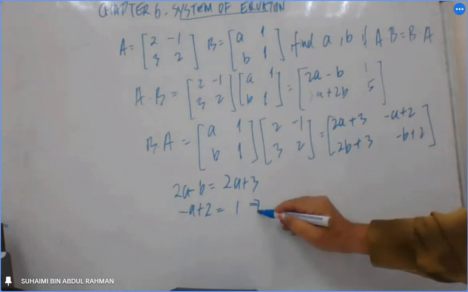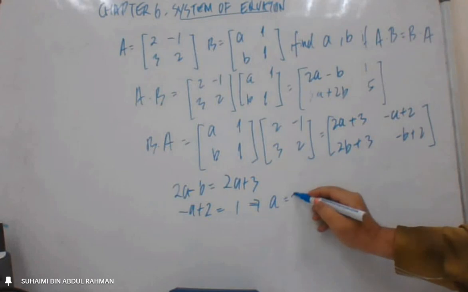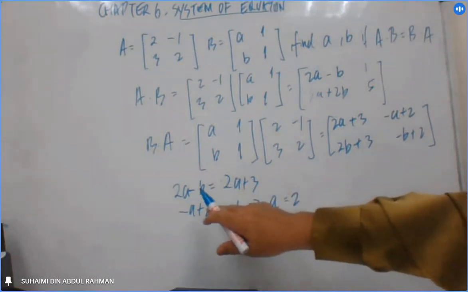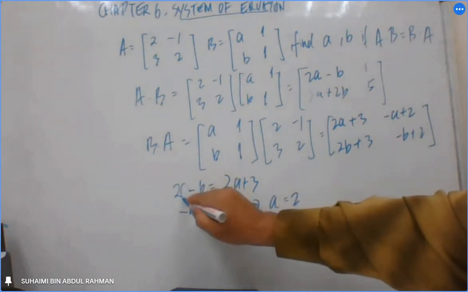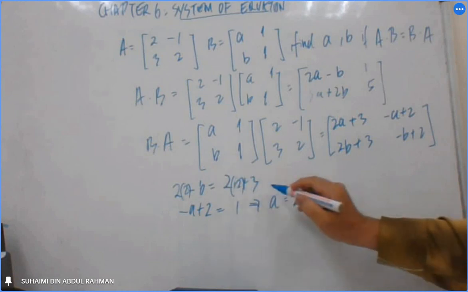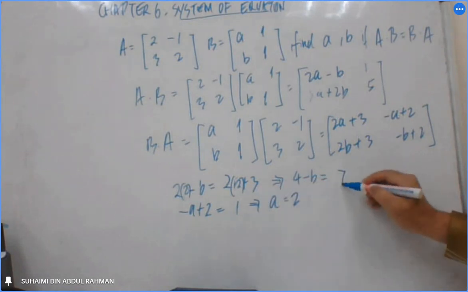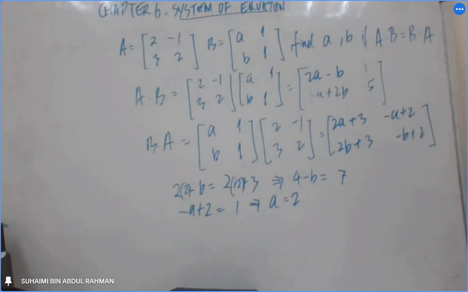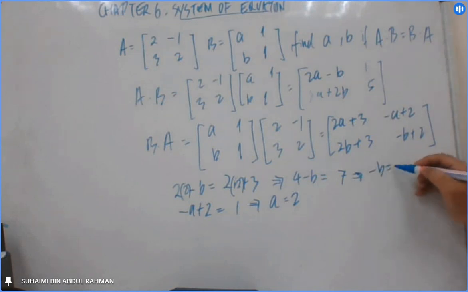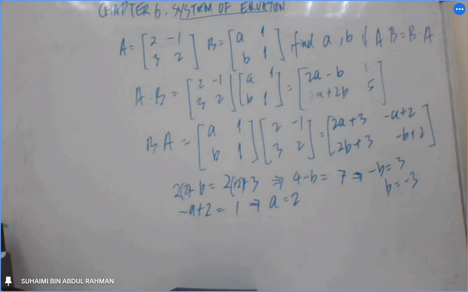So from here we get A equals 2. Substituting A equals 2, we get 4 minus B equals 7. Therefore minus B equals 3, so B equals minus 3.